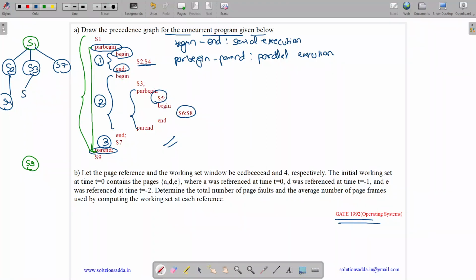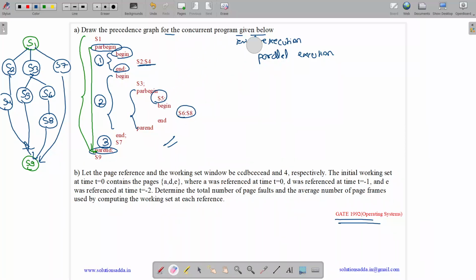So we can have either S5 or S6 followed by S8. So these are our statements, and we can have S9 after any one of them. So it goes on like this. Initially we will have S1 followed by S2, S3, S7, then we have S4, S5, S6 followed by S8 and S9 at the end.